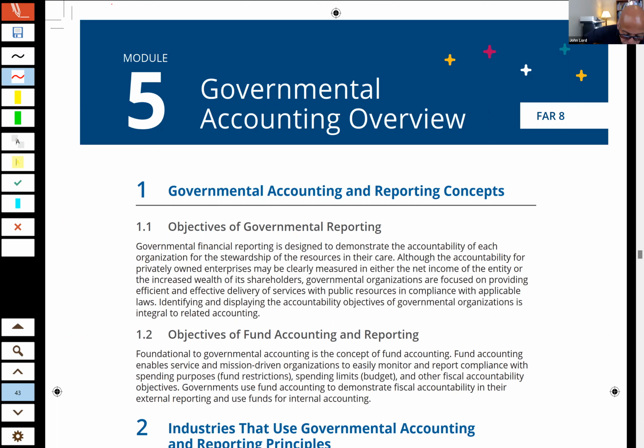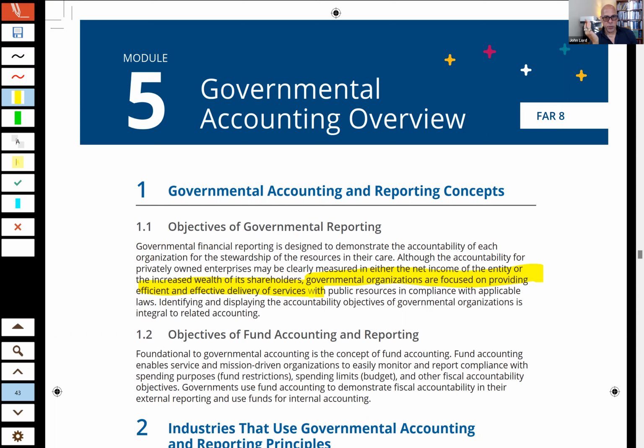Okay, good. All right, so let's go ahead and start to take a look at governmental. Now, what makes governmental entities different? Government organizations, state and local governments, are focusing on what? The effective and efficient delivery of services. They are not business entities trying to turn a profit or increase the wealth of shareholders.